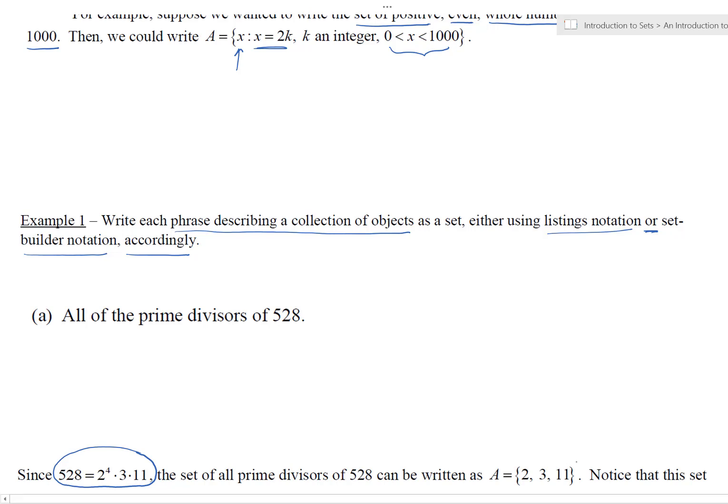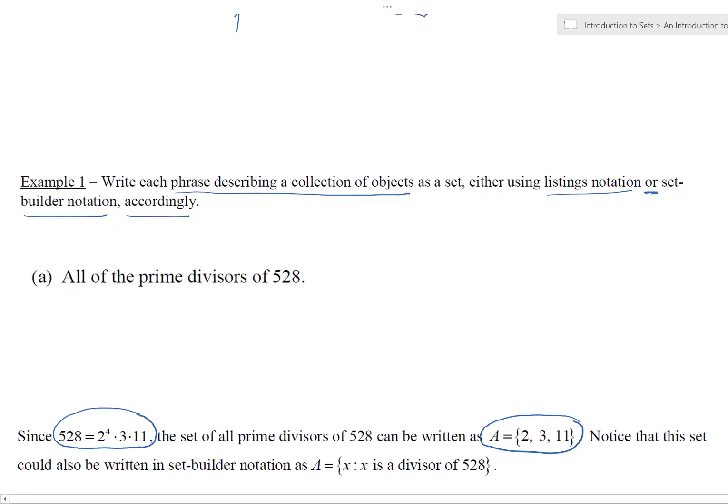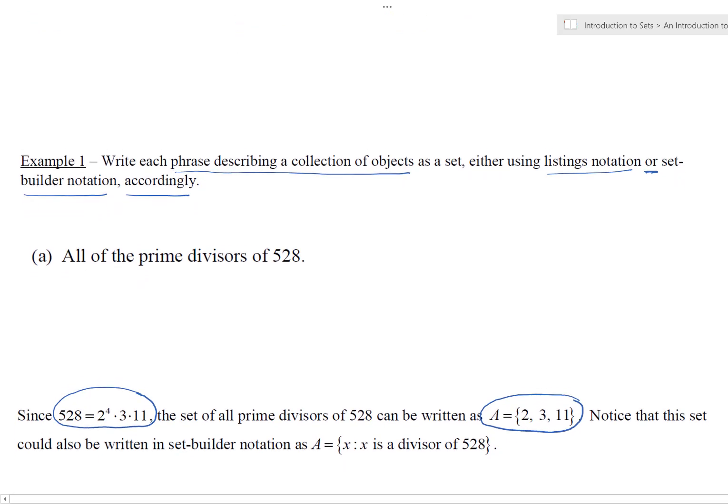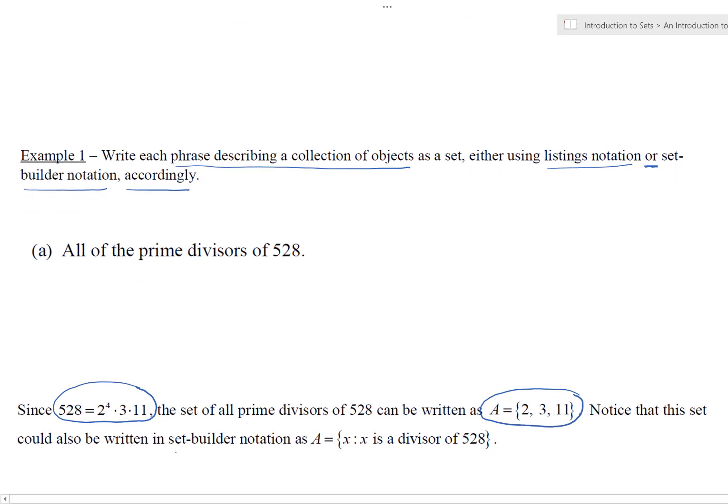So we could say it's the set A, which consists of the numbers 2, 3, and 11. And a thing to note is that, like I said a moment ago, you can always write it using set builder notation. In this case, you would write it as this collection of numbers, x's, let's call them, such that x is a divisor of 528.